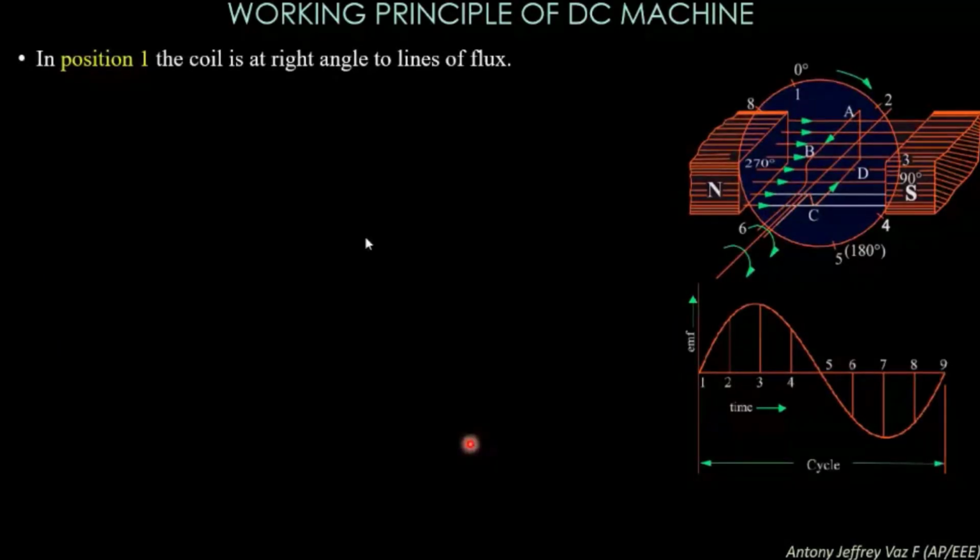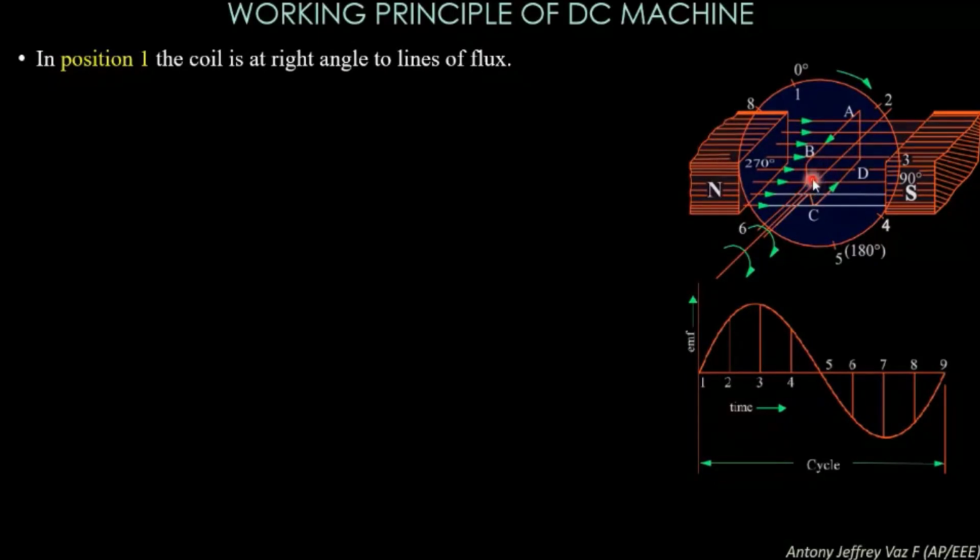Here, when you see this figure, this is the same figure as shown above. These are the north and south permanent magnets, and this is the coil. You can see the coil very clearly, A, B, C, and D, and it is rotating in clockwise direction. You can see in position 1, the coil is at right angle to the line of flux.